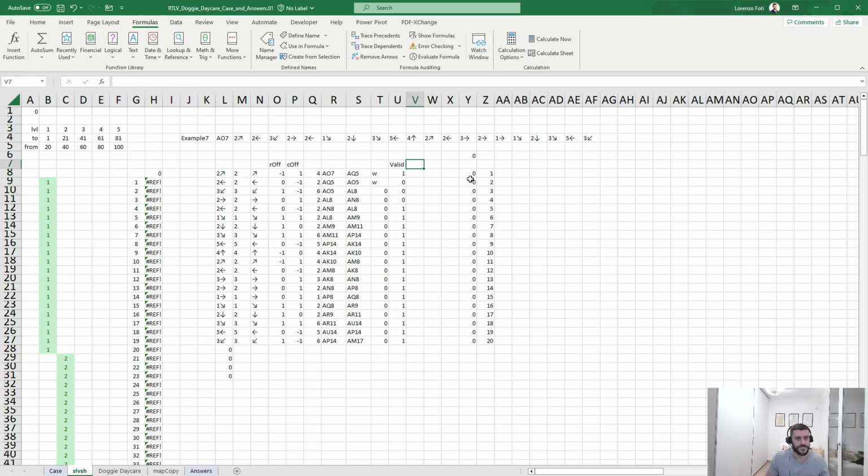And what if I say, look, if these two, so the previous two, equal water, then I don't move, otherwise I move.